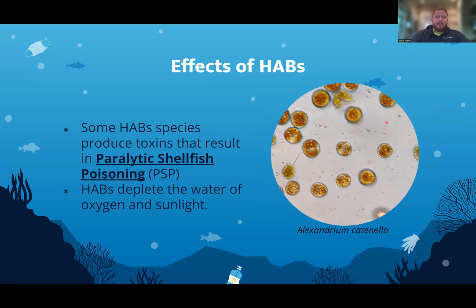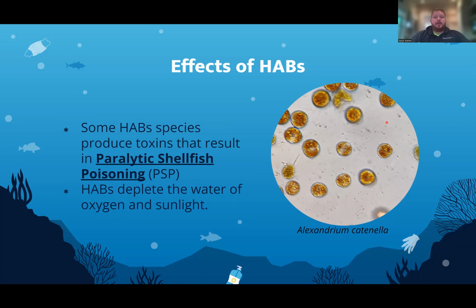Some algae can produce toxins that result in paralytic shellfish poisoning. Over here, we have the Alexandrium catenella. That is a species of red tide algae known to produce a toxin, saxitoxin, that results in paralytic shellfish poisoning. What happens is that fish will ingest these algae and it'll attack their nervous system and prevent them from being able to run water over their gills, right?